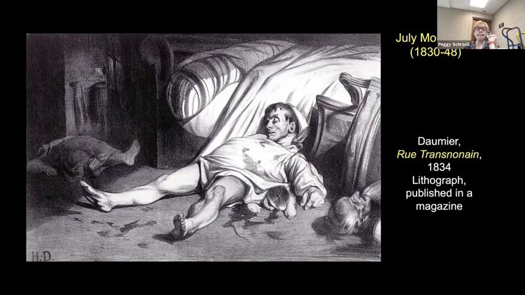And Daumier did this image of the massacre. He hadn't really seen it. This wasn't based on anything. He just knew the story, and so he made this image of a family, like 3 generations here being wiped out, and it was published in one of these liberal magazines.